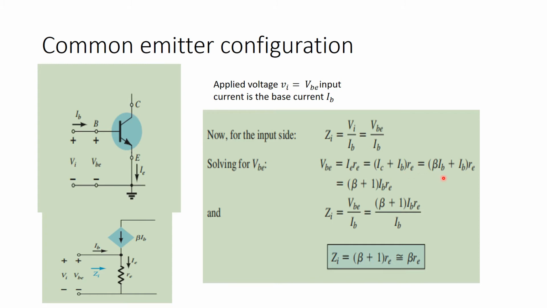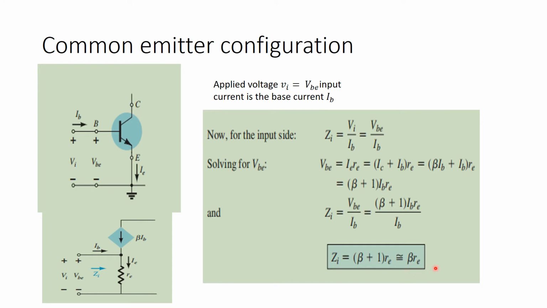After that, substitute the value of IC, which is equal to beta times IB. So you get a refined equation of current, that is beta plus 1 into IB. So VBE is equal to beta plus 1 into IB RE. Zi is equal to VBE upon IB, so your input impedance is approximately equal to beta times RE.